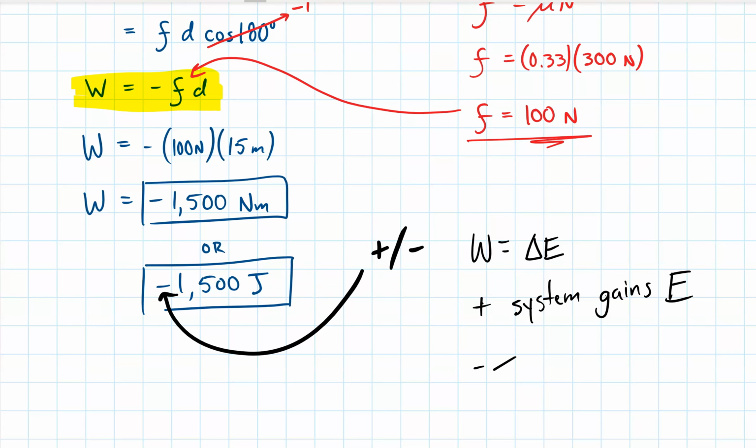And then the minus sign means that our system is losing energy. All right? So what this tells us is that with negative 1,500 joules, friction is taking that much energy out of the box to try to make it slow down. So the reason why the box doesn't slow down is there is a force being applied to it, putting energy in at the same rate that friction is taking energy away from the box.